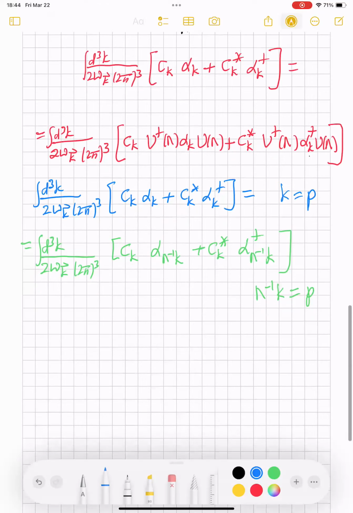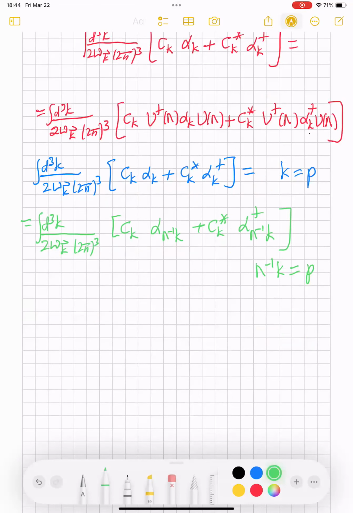Okay, let's rewrite the green term. So first of all, this is a Lorentz transformation, and we know that the measure is Lorentz invariant. So we can write the integral d3p over 2 omega p 2 pi cubed.